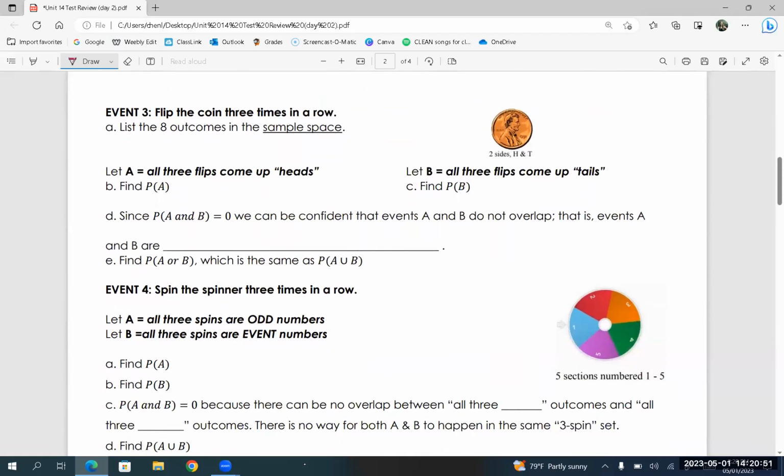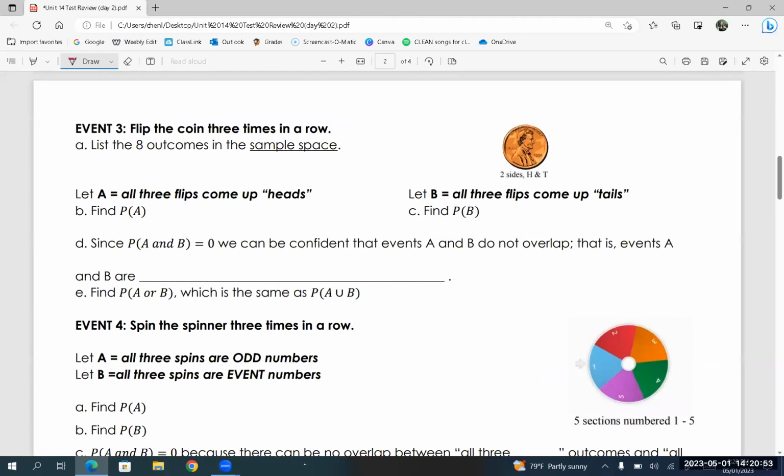Okay, event 3, we flip the coin 3 times in a row. So now we're focusing in on the coin. Part A, list the outcomes in the sample space. So we're flipping a coin 3 times in a row. Maybe we get heads all 3 times. Maybe we get tails all 3 times. Maybe I get heads, heads, tails, or I get tails, tails, heads.